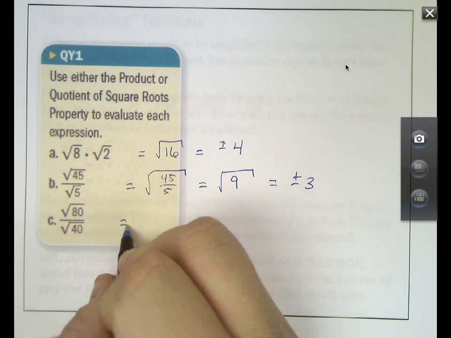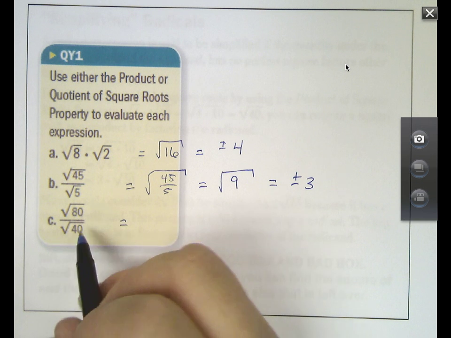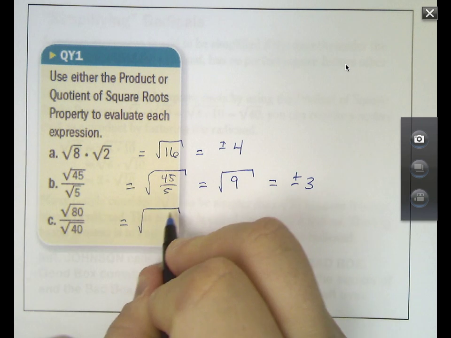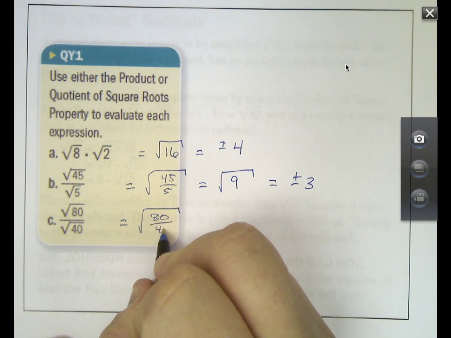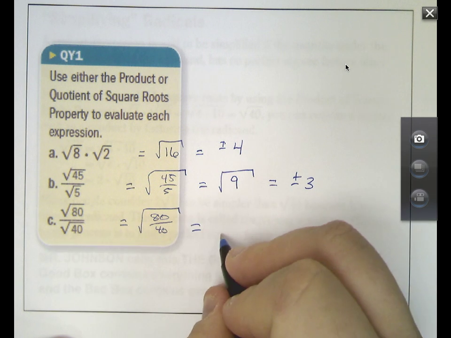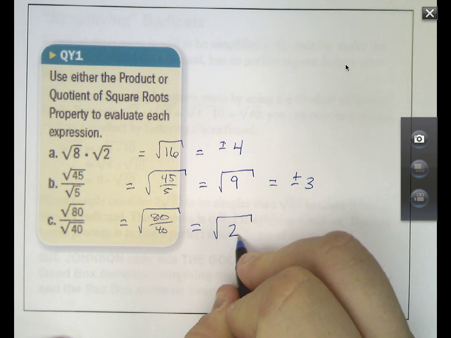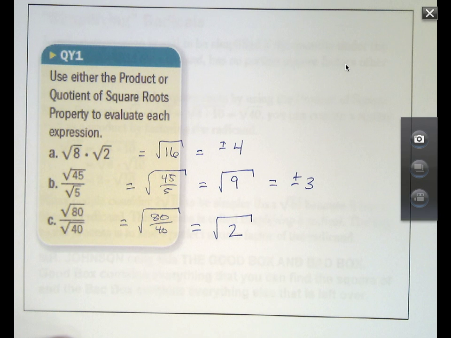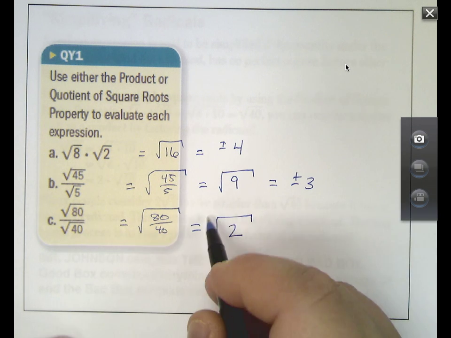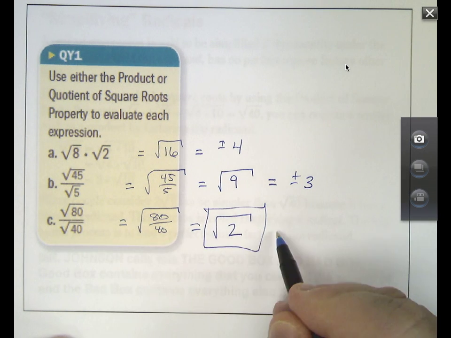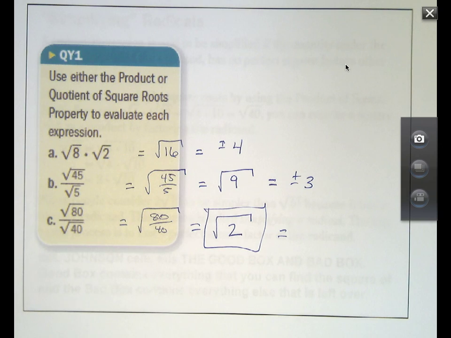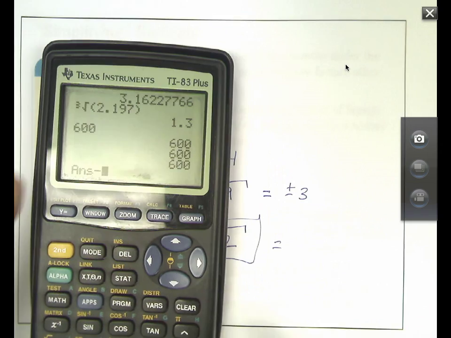C, we're dividing. Okay. Square root of 80 divided by the square root of 40 gives me the square root of 80 divided by 40. What is 80 divided by 40? You're going to tell me is 2. Now, this is our exact answer. Could we do square root of 2 on our calculator? Sure.